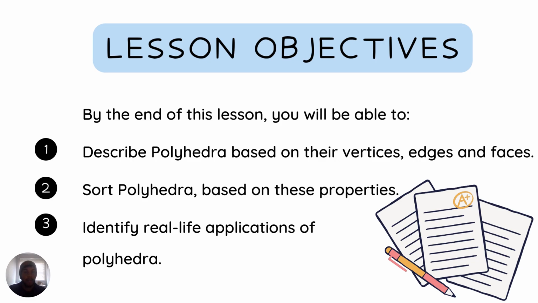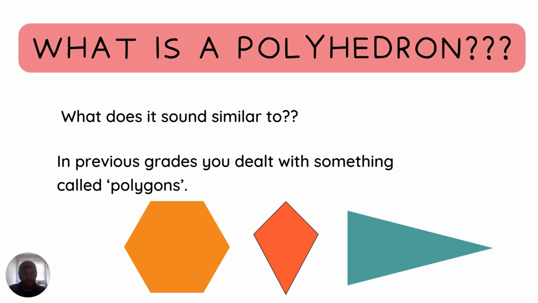Okay. Now, what is a polyhedron? If I was there in person, I would be picking on new learners, but because it's a recorded lesson, all I can do is define it. So, what is a polyhedron? Already, it sounds familiar. It sounds similar to something that you guys have been dealing with.